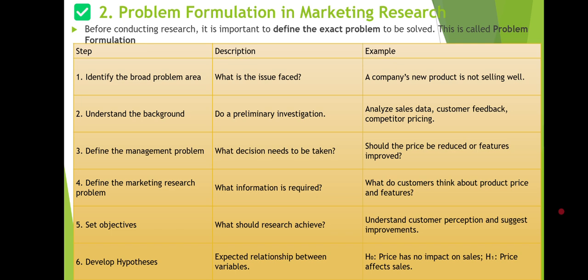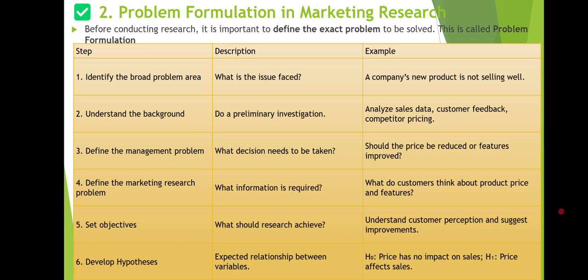Apart from that, next step we have set objectives. Here we find out what the research should achieve after it is done. For example, understand customer perception and suggest improvement. And last step, we have develop hypothesis.